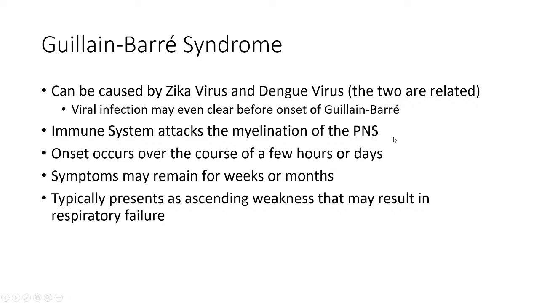Now, onset of Guillain-Barré can take a few hours or days. The symptoms can remain for weeks or months, and it typically presents as an ascending weakness that may result in respiratory failure. Just to be clear, Guillain-Barré is sometimes fatal, and it can last longer than weeks or months as well.